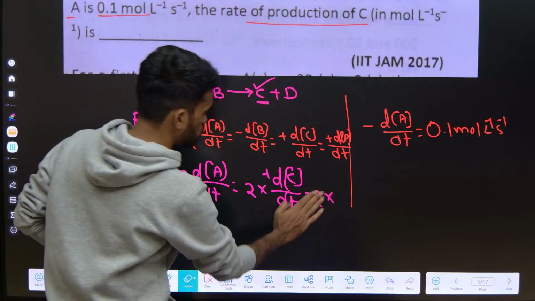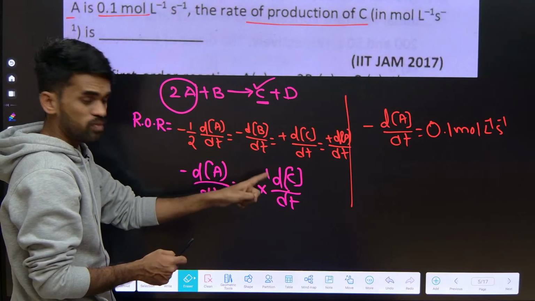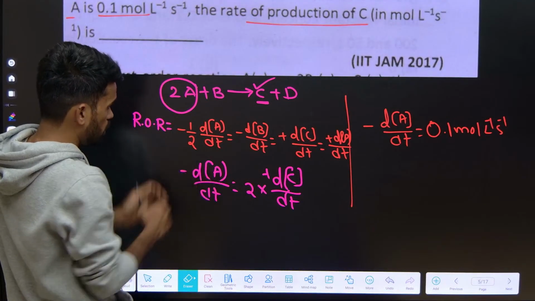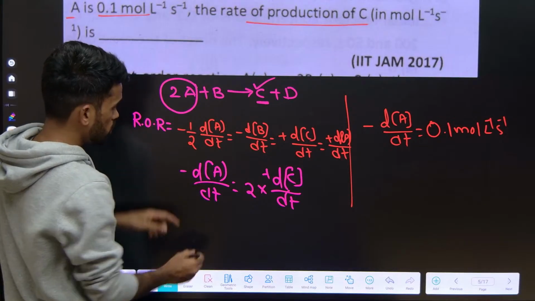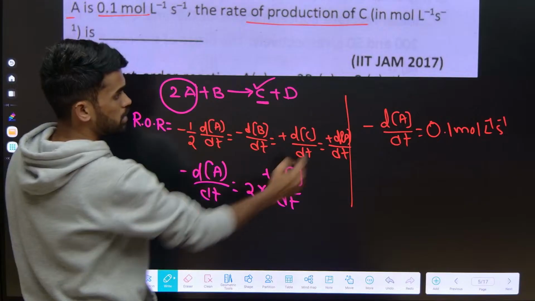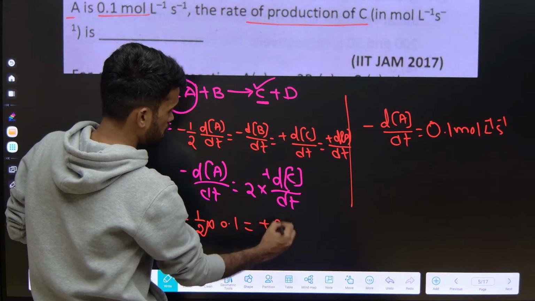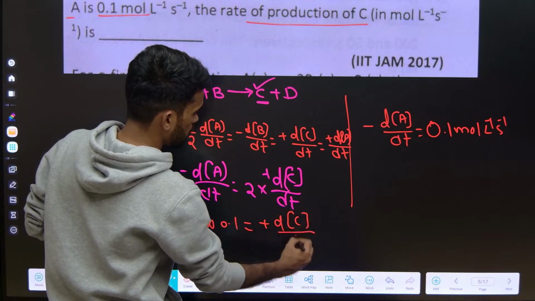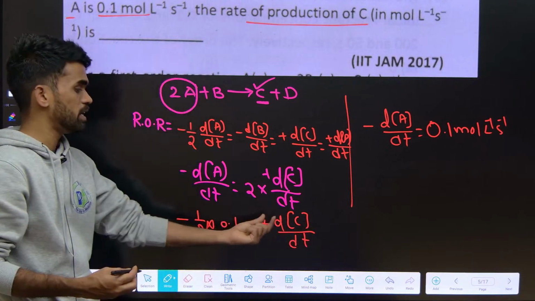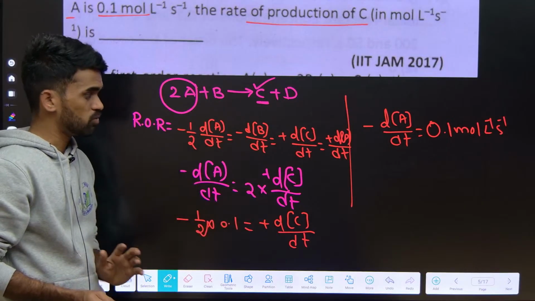I can write it in this format also, but we have the value now. So you just place 1 by 2 into the dA by dt value they have mentioned here, 0.1, that equals plus dC by dt. Depending upon the values they have provided, use them in this equation and you will get the other one which they are asking.